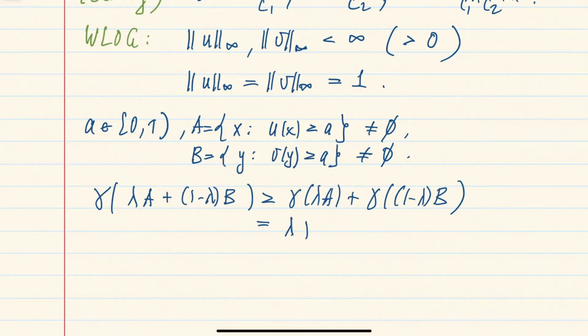So this is just lambda Lebesgue measure of the set A plus 1 minus lambda Lebesgue measure of the set B. Okay, so here is where we used the Brunn-Minkowski inequality.